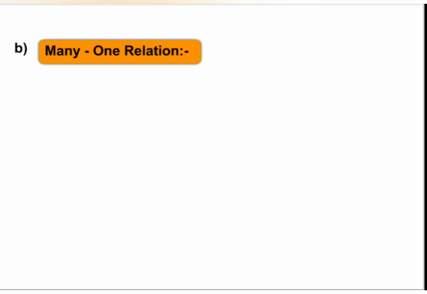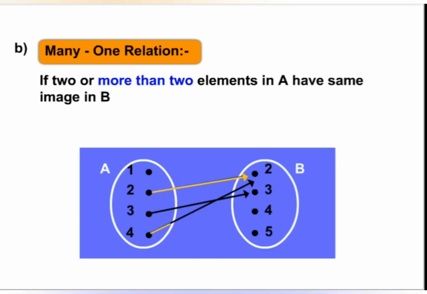B. Many-one relation. If two or more elements in A have the same image in B. For example, in the figure, 2 and 4 in A have the same image, that is 2 in B. C. Into relation.